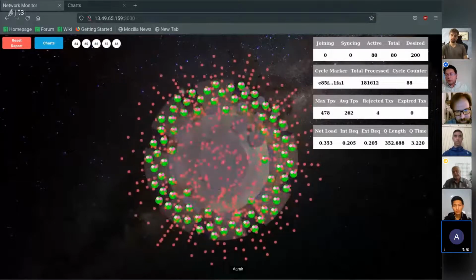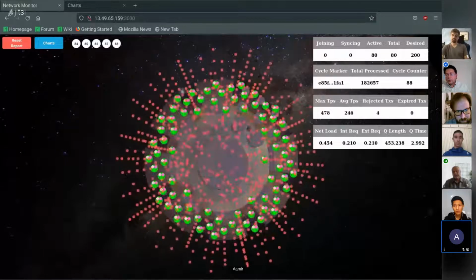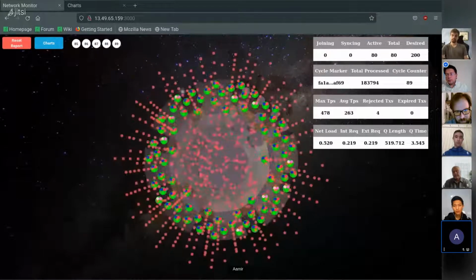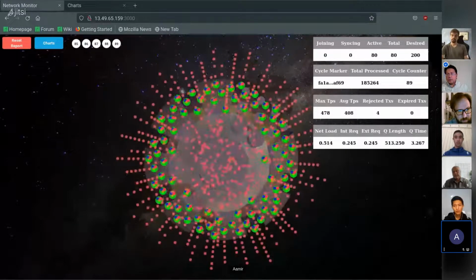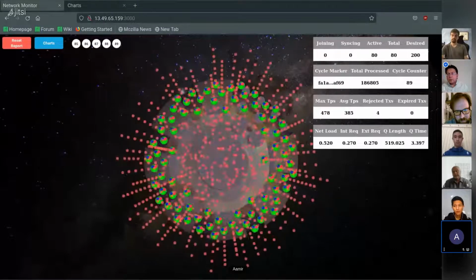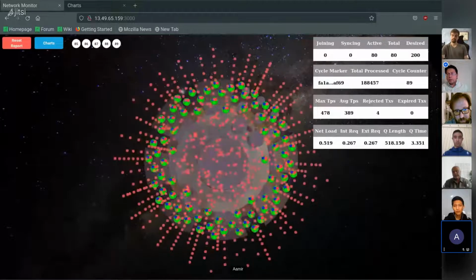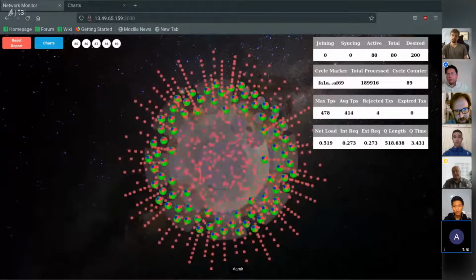We can also keep an eye on the queue time for a transaction, which gives you an idea of how long it's taking a transaction to get processed through the network. The queue length will probably also increase as we start hitting the network with more load.